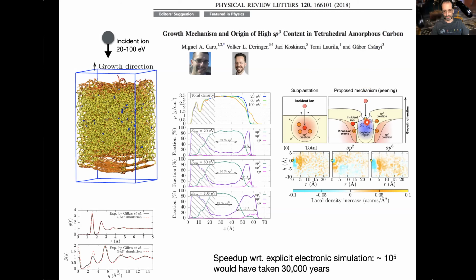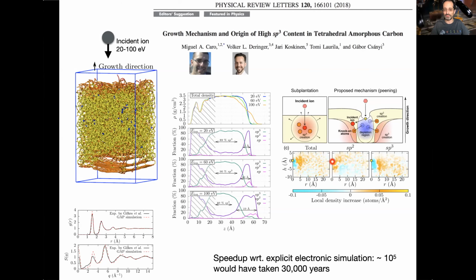You have an atom that comes in with high kinetic energy. The density underneath that impact site is depleted. And there's an annulus, an annular region where the density is increased due to the knock-on effect of that impact. And these pictures show you the change in local density averaged over thousands of impacts.